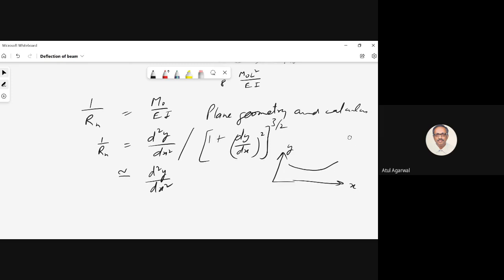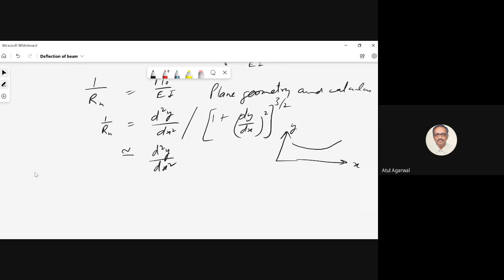Now, at times students get confused whether it is Rn or 1 by Rn in this expression. How will you verify that the expression I have written is right? You can just check the dimensions. You do the dimensional analysis.